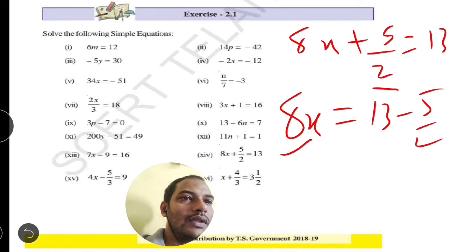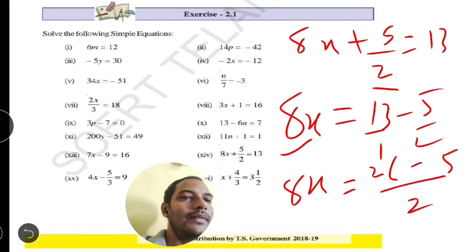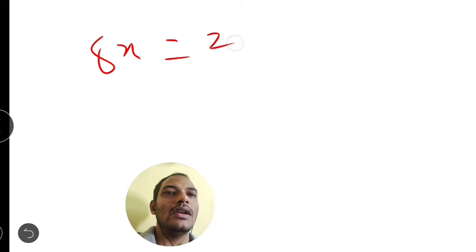Now I am writing 13 as 13 by 1. The LCM is 2. 2 into 13 is 26 minus 5. So 8x equals 26 minus 5, which is 21 by 2.